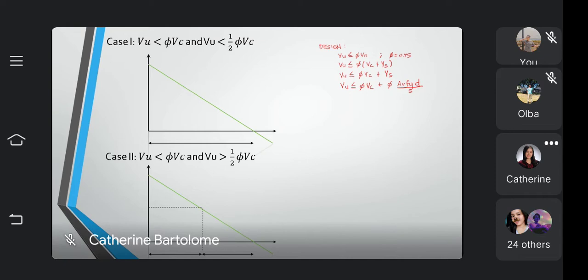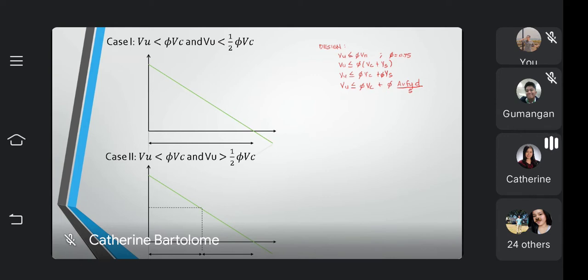Yes? Question? Okay. Phi was just missing on one of them, the Vs. Okay, thank you. Earlier I already showed the formula for Vc, the detailed and simple computation, and we already derived the formula for shear reinforcement. So what will be our basis now for design and analysis?